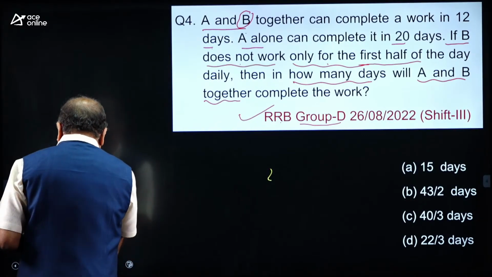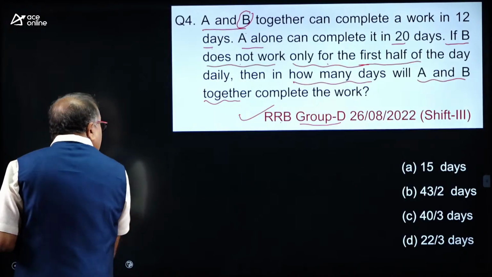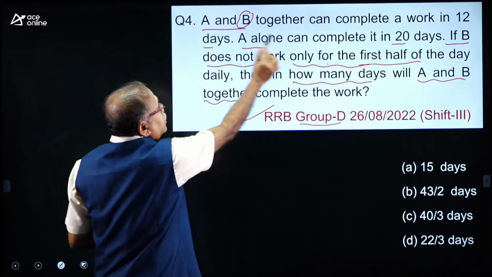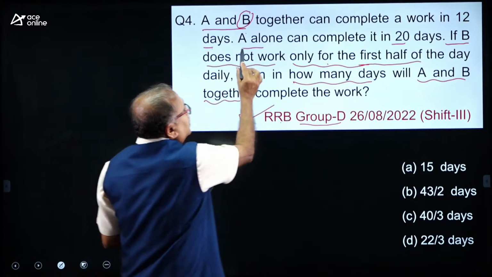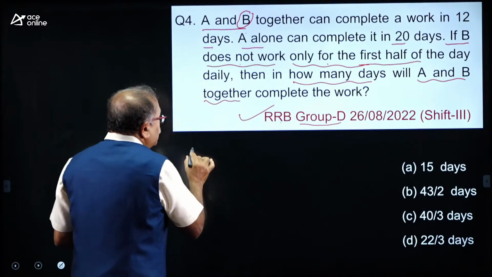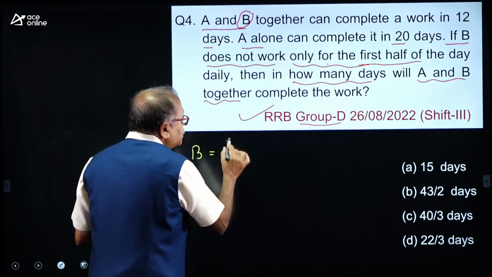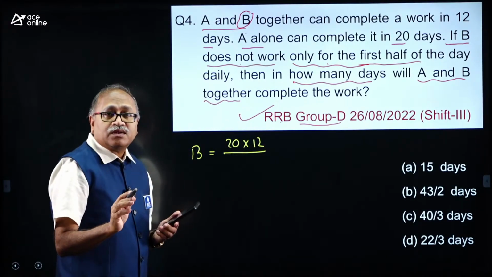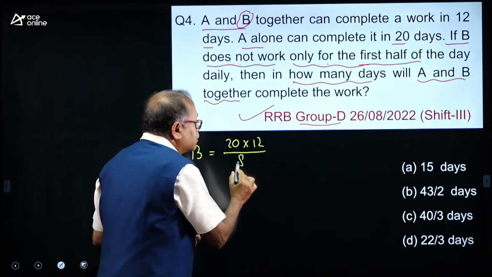Okay. So, let me see, this is the question. Now, A and B together in 12 days and A alone in 20 days, then B alone in how many days? 20 into 12 by 20 minus 12, that is 8.